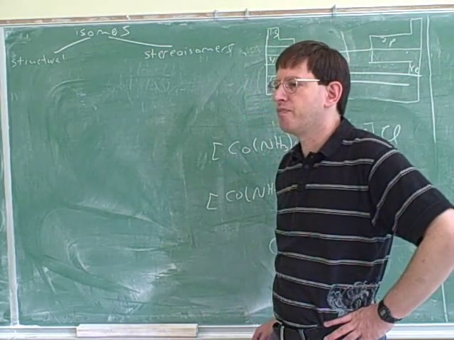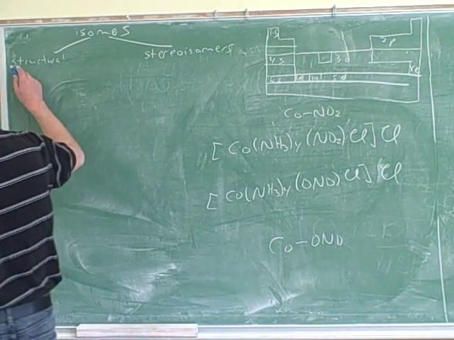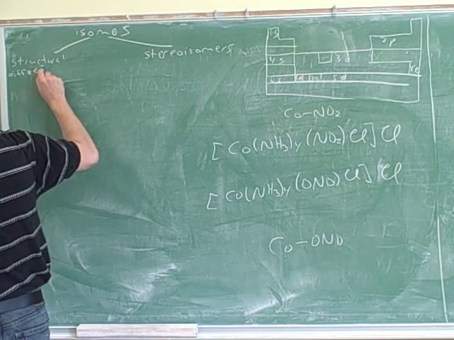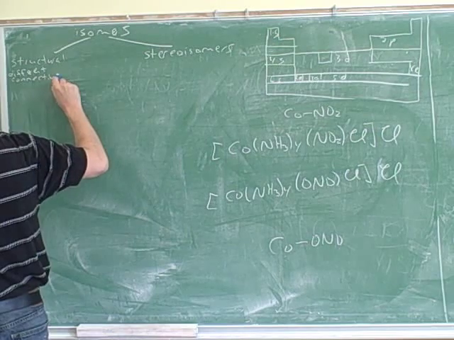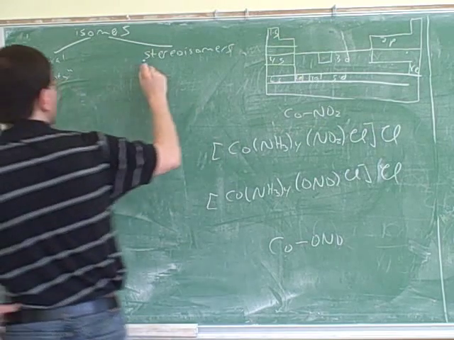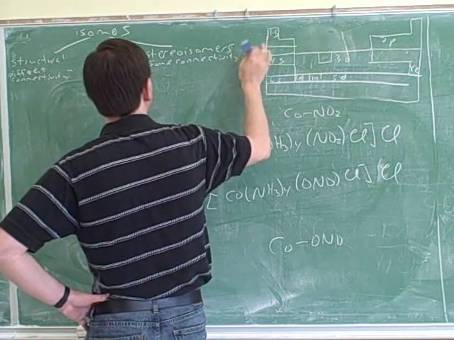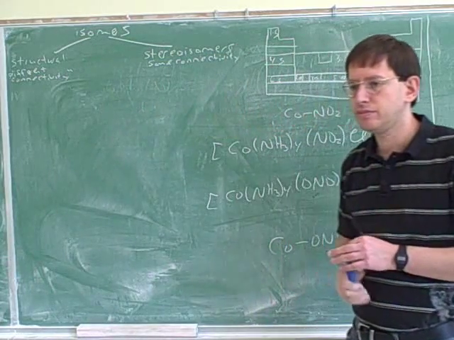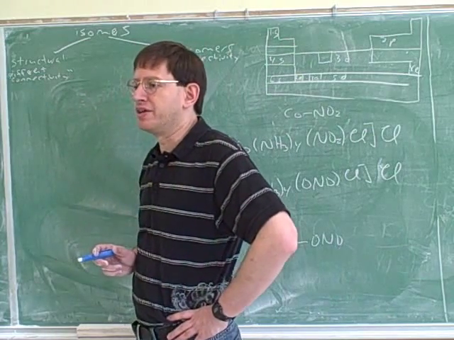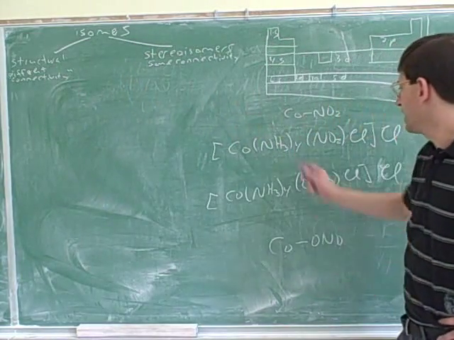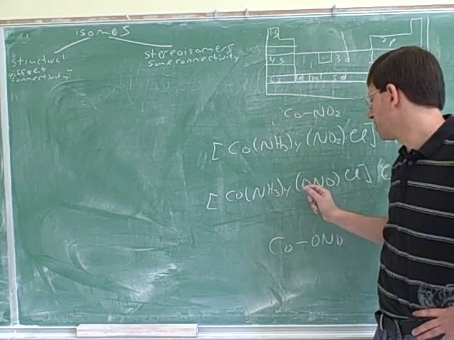Structural isomers differ on the basis of who is bonded to whom. They have different connectivity. The connectivity is just who is bonded to whom. For example, in this isomer, the cobalt is bonded to the nitrogen, whereas in this isomer, the cobalt is bonded to the oxygen.